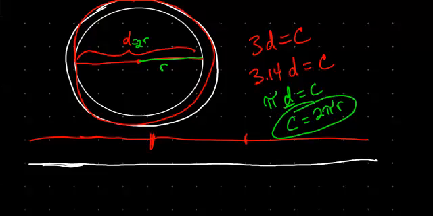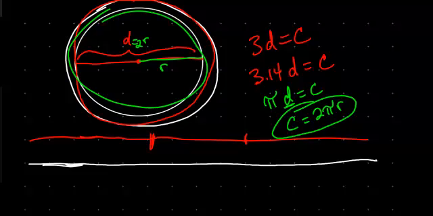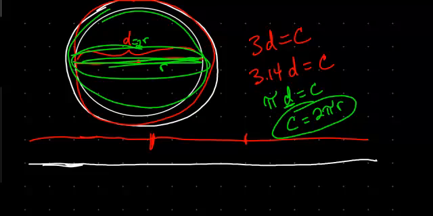And again, it started out with folks doing their best to take a string and make a circle, and then they would lay out that string and then lay out the length of the diameter, and they always found that about 3 of the diameter equaled the length of the circle.